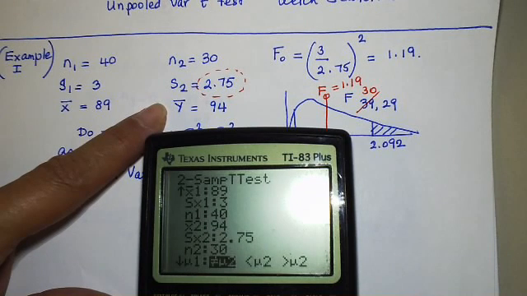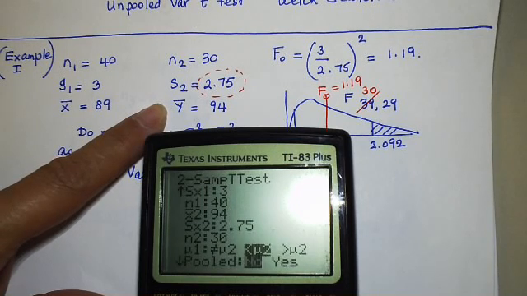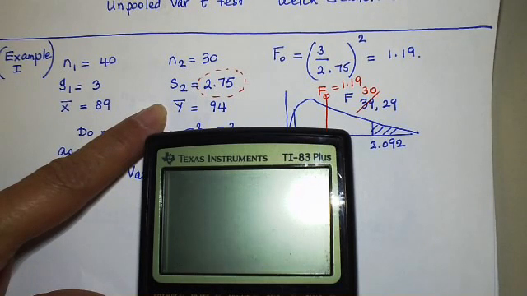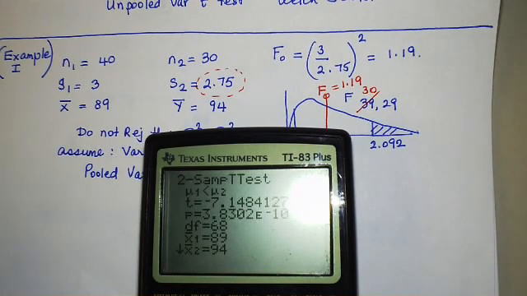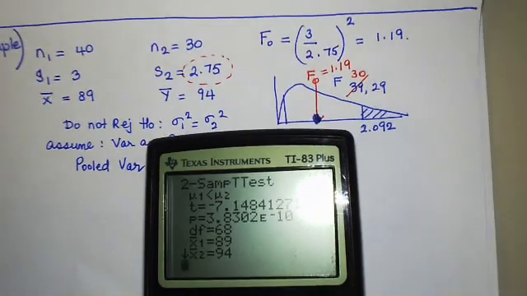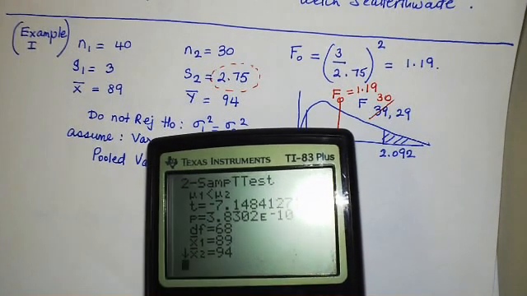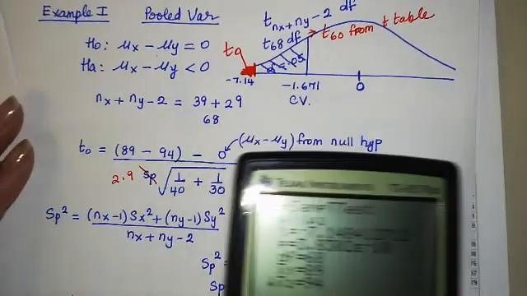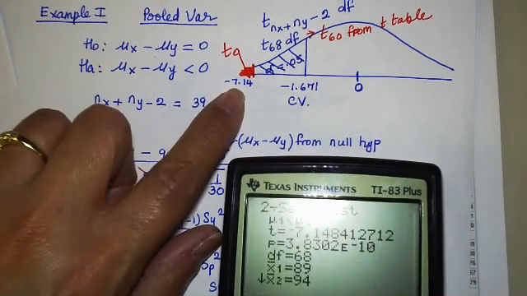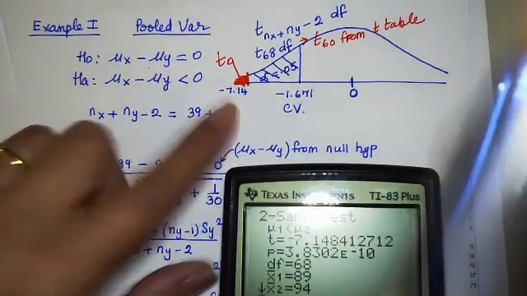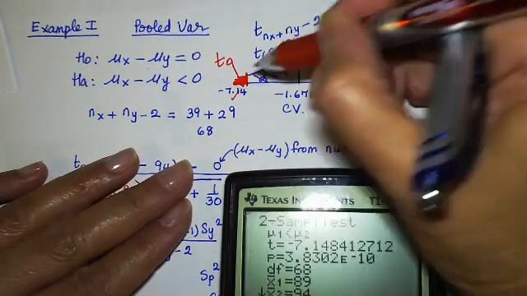So stats. X1 bar equals 89. S1 equals 3. N1 equals 40. X2 bar equals 94. S2 equals 2.75. N2 equals 30. What side is your test? Left-sided. So this option. Go down. Pooled? Yes.